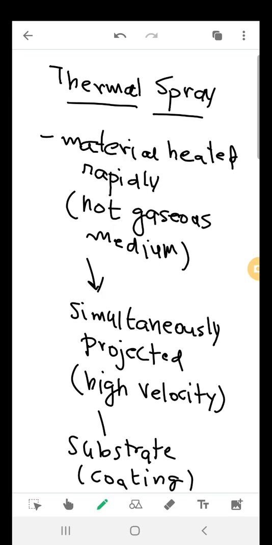So there are three processes involved. Firstly, heating the material, projection of the material, and deposition of the material.